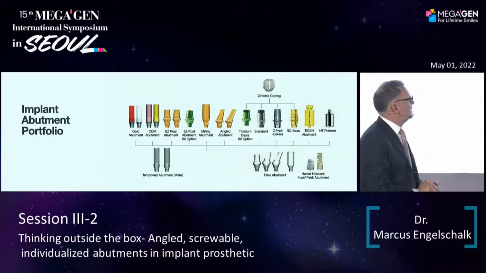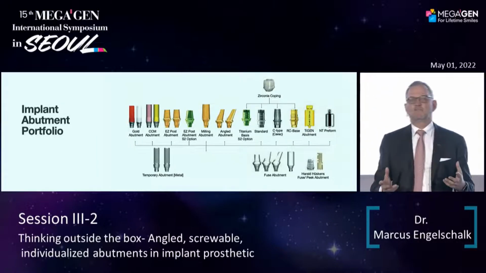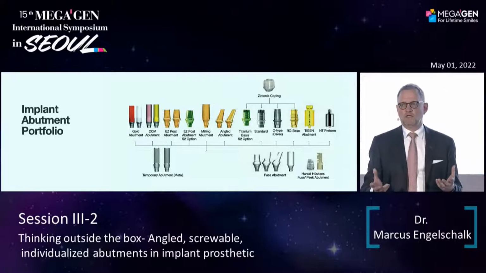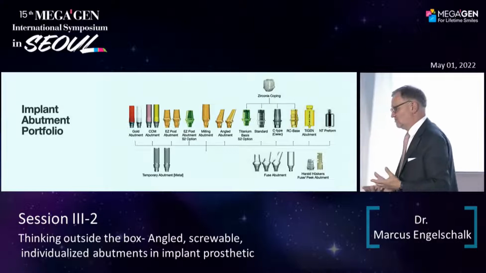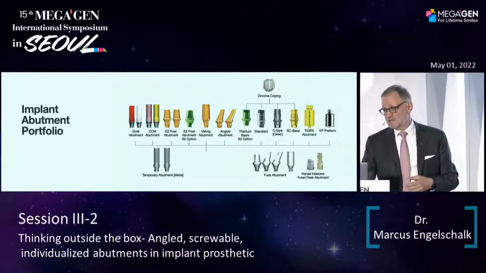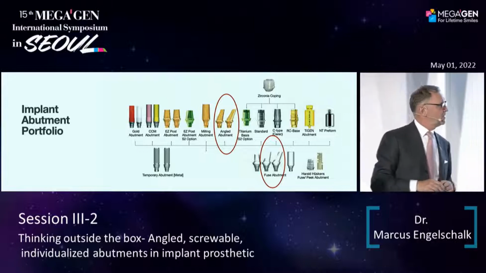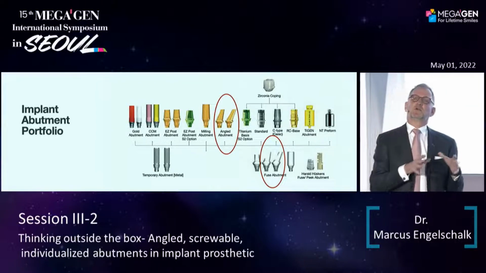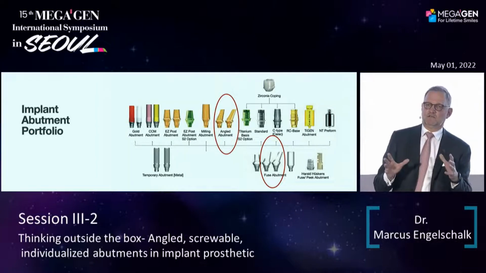Well, if we look at the portfolio we have for abutments at the moment, angulation is very hard to see. You just have two possible angulations, this and that. The lower is for provisionals, and the upper, we don't use any prefabricated abutments in our office. Every abutment is individualized.